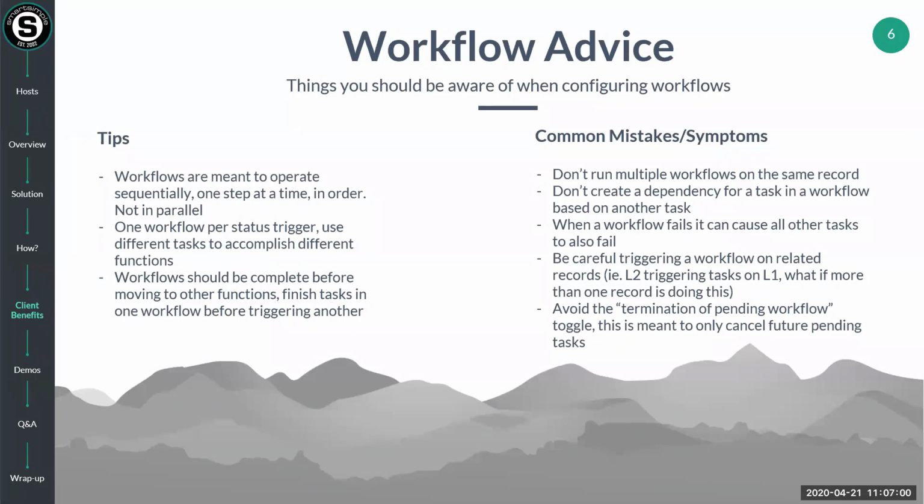That's a problem, because now you have them running in parallel. Maybe something as simple as, you wanted to create a PDF of the application form, but in your second workflow, you have a task that says email that PDF to the applicant. If the second workflow gets to the email task faster than the first workflow can create the PDF, then that file is not there for that task to take advantage of.